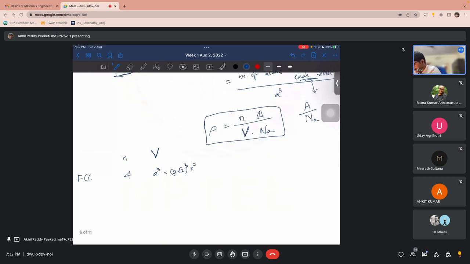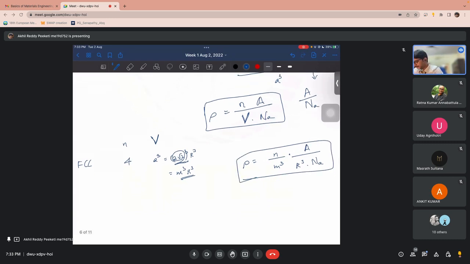If we take this 2 root 2 as m, we can say m cube r cube. So rho would be n by m cube r cube into atomic weight into Avogadro's number.